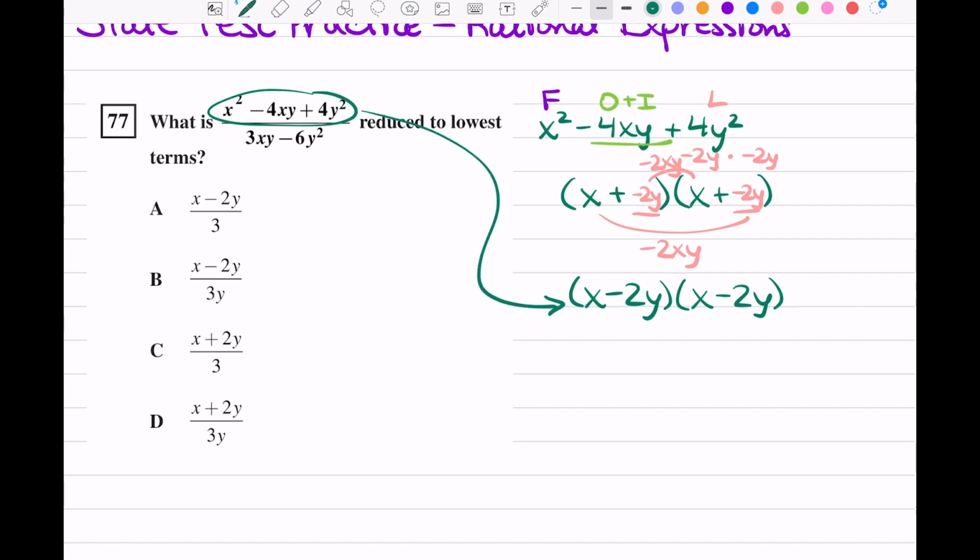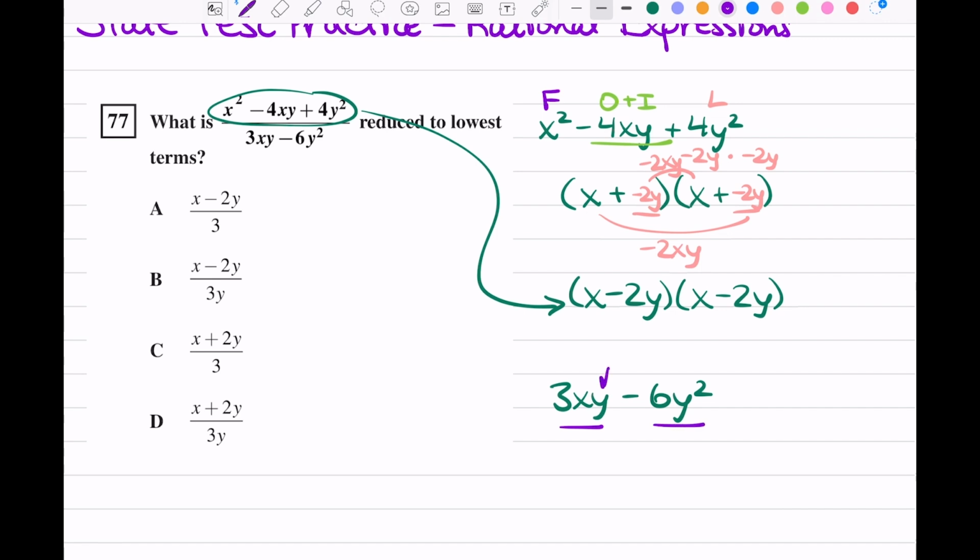So now let's think about our denominator. That's 3xy minus 6y squared. So we only have two pieces here. The factoring that we did for the numerator only works if there are three pieces, or if we have a difference of squares, but we don't have either in this case. So what we want to do is factor out a common number that's being multiplied in this term and this term.